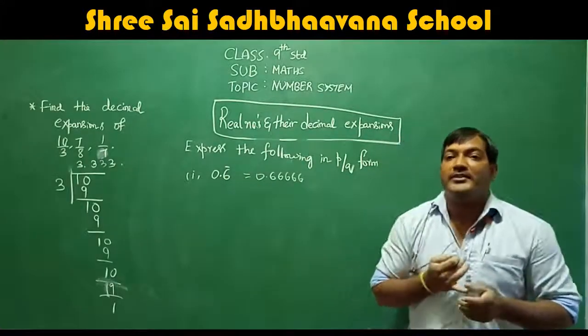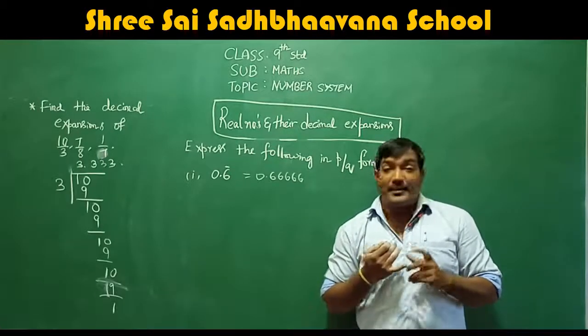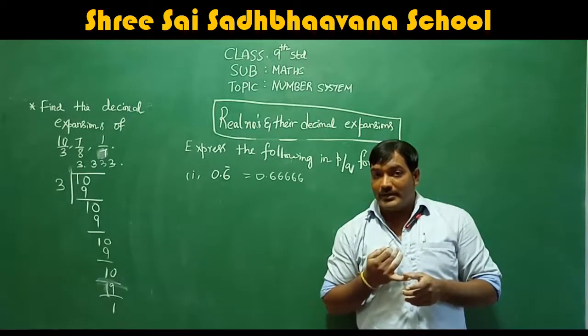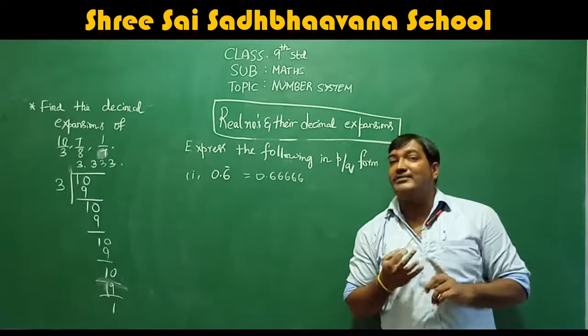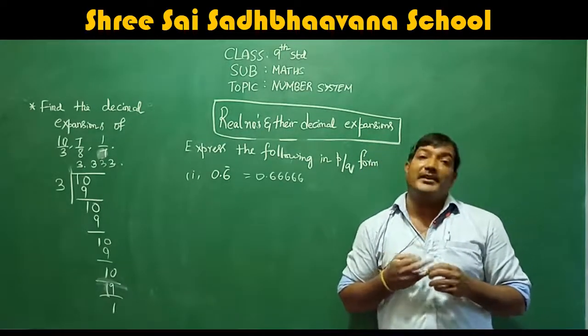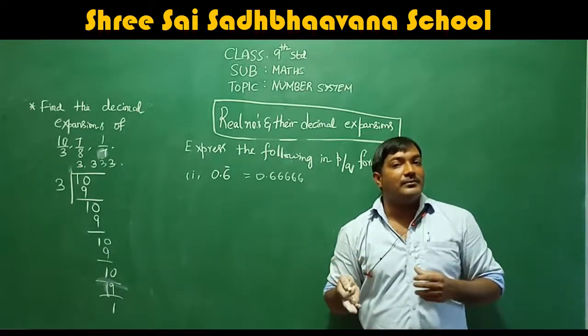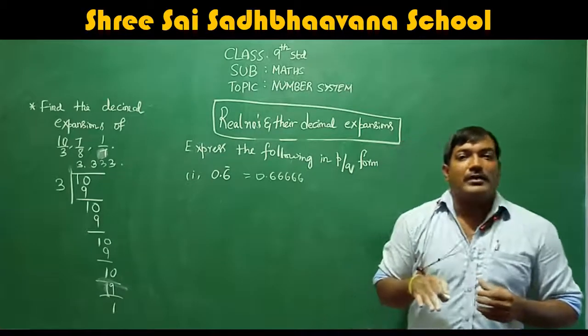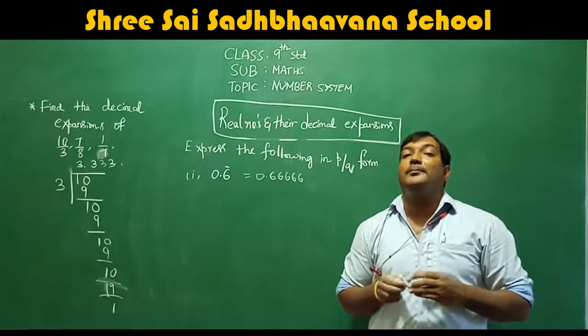Remember, non-terminating repeating decimals and terminating decimals can be written in p by q form. Non-terminating decimals which are not repeating, in most cases we cannot write them in p by q form.